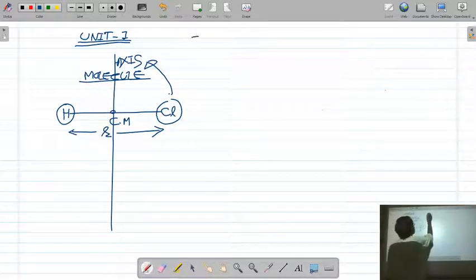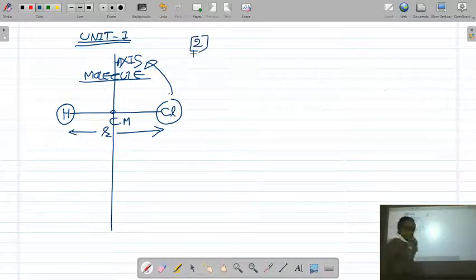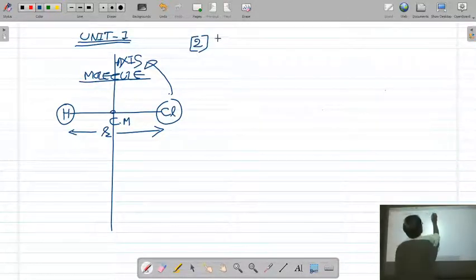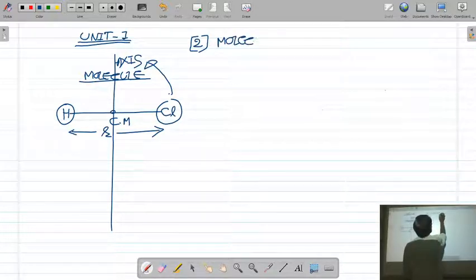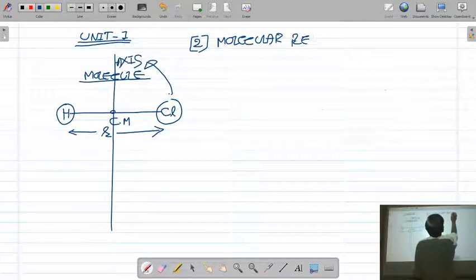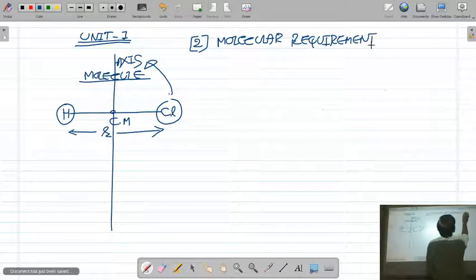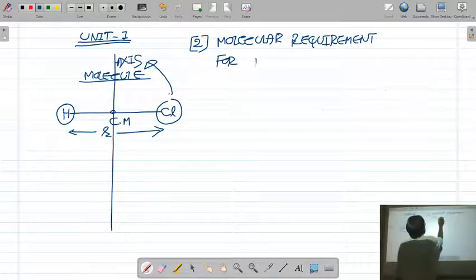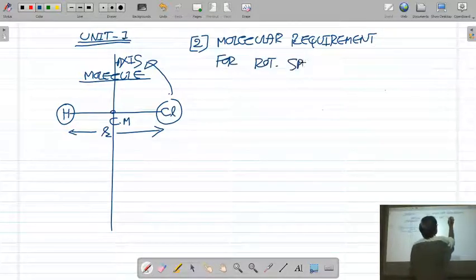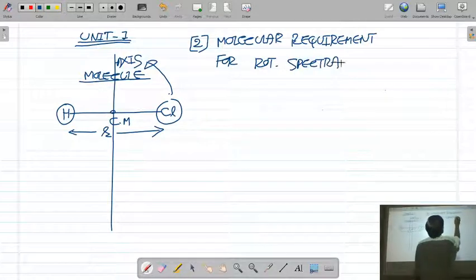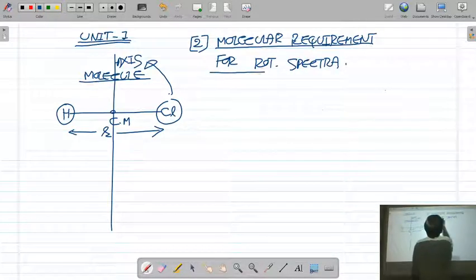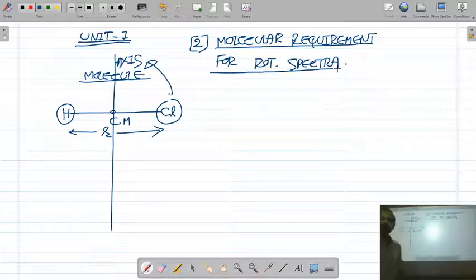Second article of this chapter is molecular requirement for rotational spectra.